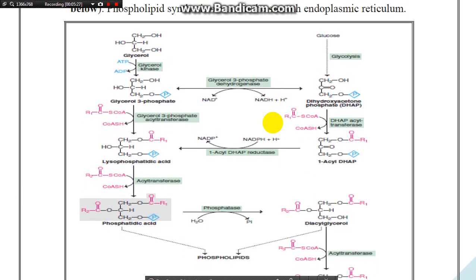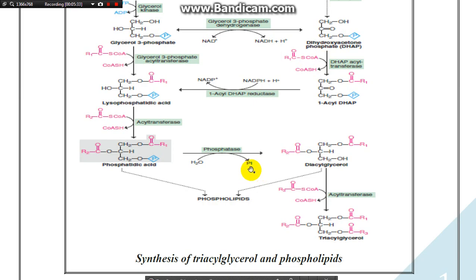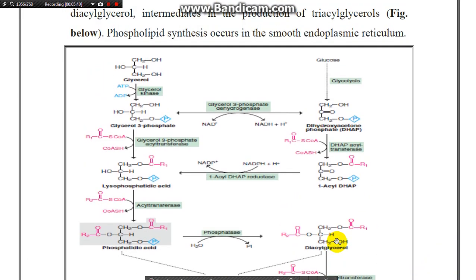In these figures I will explain the synthesis of the phospholipid and synthesis of the triacylglycerol. This compound comes from two pathways.